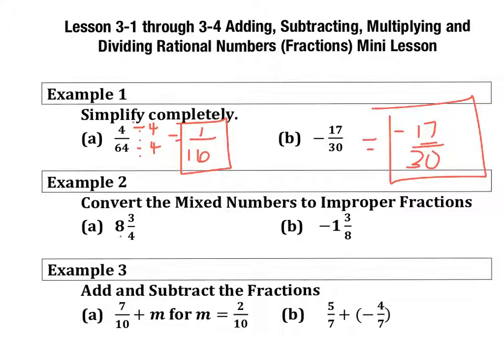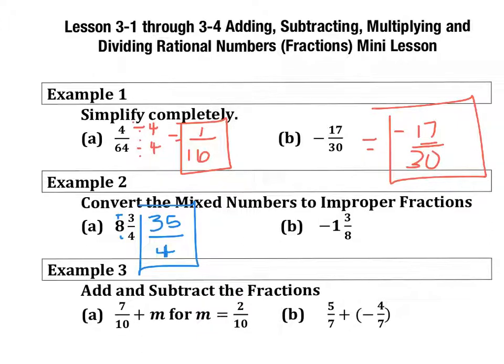So we multiply here, add here. So 4 times 8 is 32, plus 3 is 35, and then we keep our denominator, and so our improper fraction would be 35/4, and that is equivalent to 8 3/4.